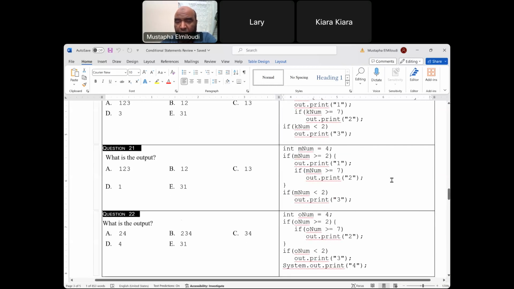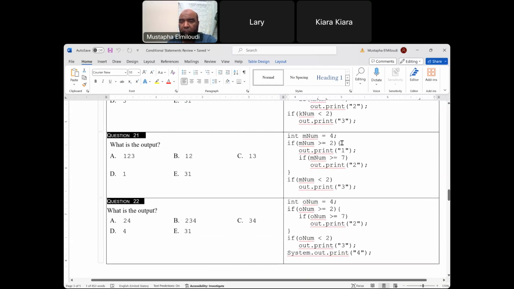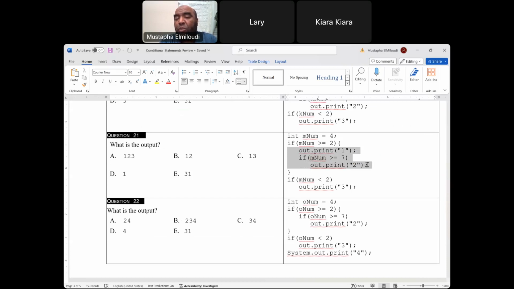Again, number 21, can you see the braces right here? So these decide which group is part of the if statement. So now we know that this part right here that I'm going to highlight is part of that statement. It's inside. That means if that condition mNum higher or equal than 2 happens to be false, then the program will skip the 1, 2, 3 statements that are highlighted.